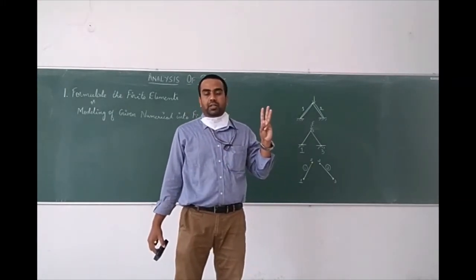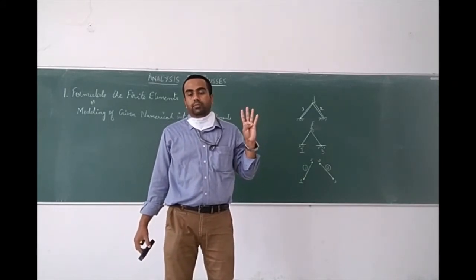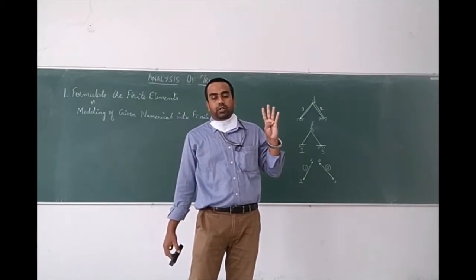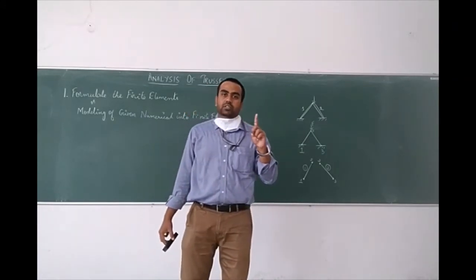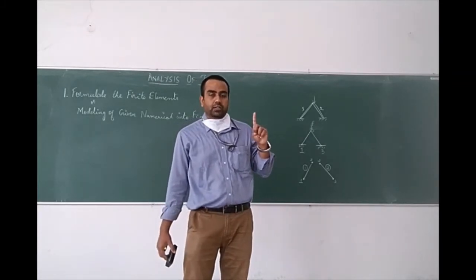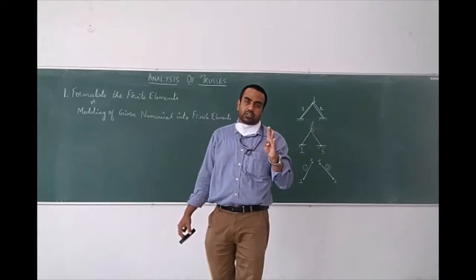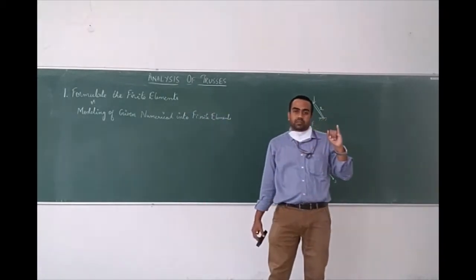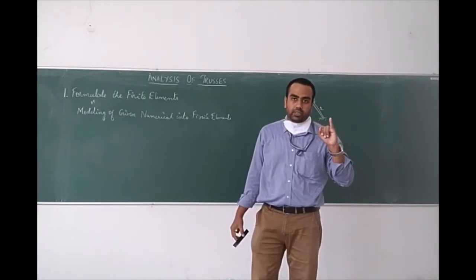Once global stiffness matrix is determined, you will substitute it to the equilibrium condition. Equilibrium condition consists of K into Q equals F, where K is the global stiffness matrix, Q is the global nodal displacement vector, F is the global force vector. So this is the fourth step. First step is you will be converting the given numerical into finite elements.